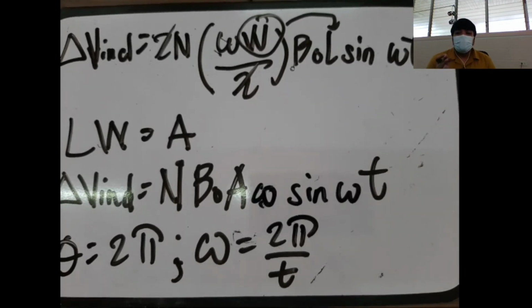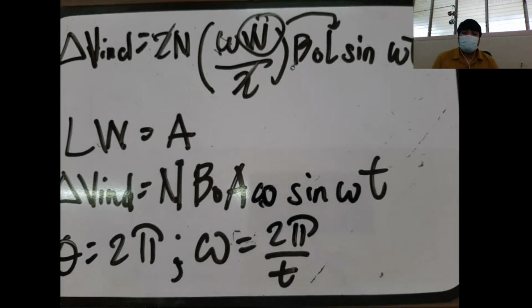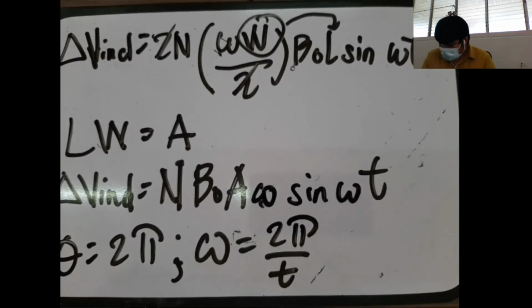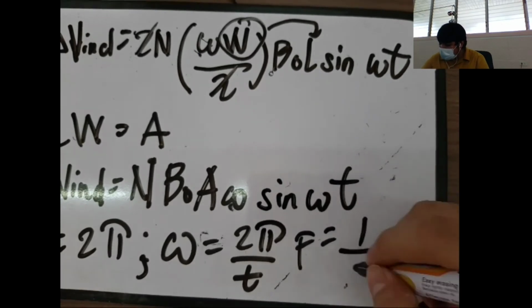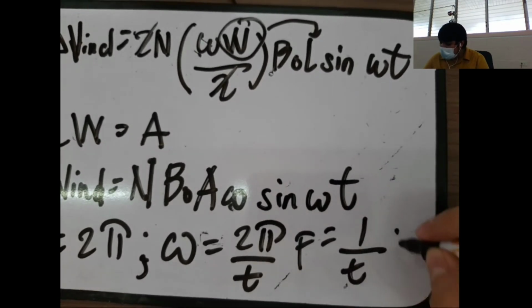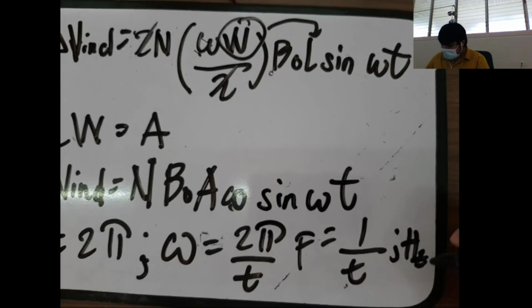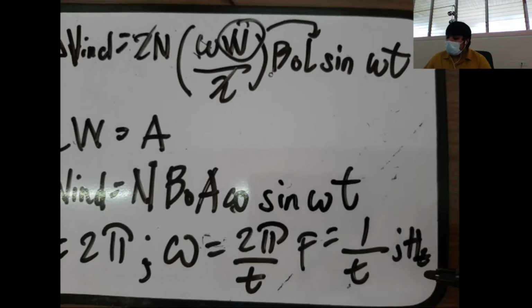So usually, frequency is denoted as the amount of complete tasks that you can finish in 1 second, or 1 minute, or 1 hour. Okay? So the unit for frequency is 1 over T, or in SI unit, hertz. So frequency is equal to 1 over T.